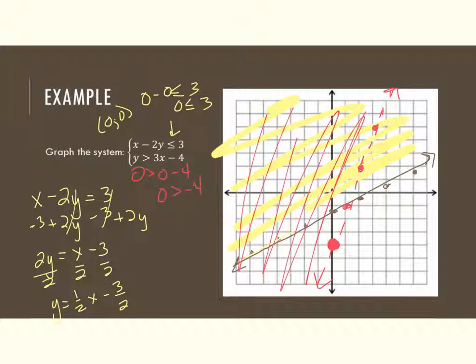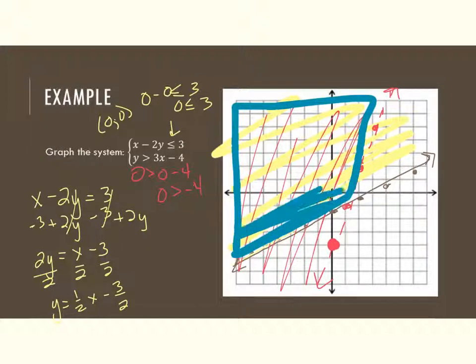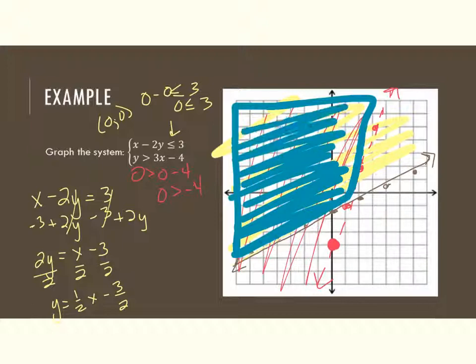But you're going to see where they overlap, and you're going to come in and shade where they overlap darker. So this region here is where both of them were. So then you're going to shade that darker. Everything in that bluish area is a solution because all of those points work in both inequalities.